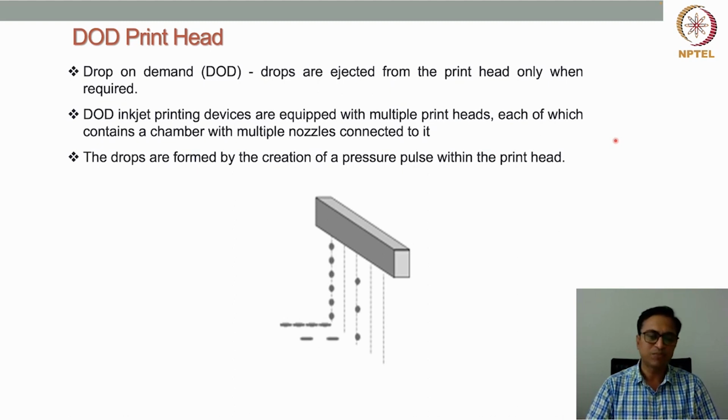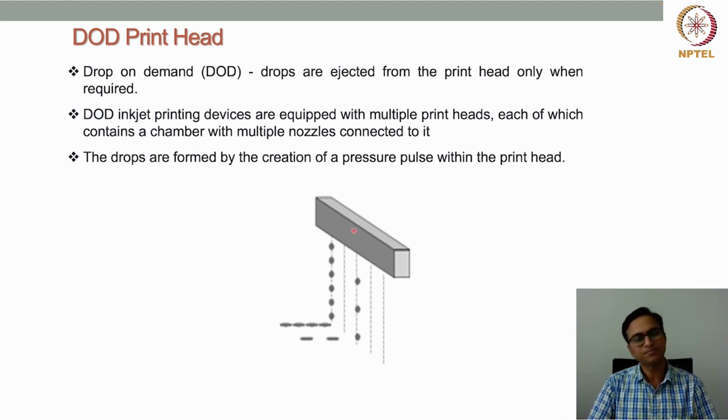Now, the drop on demand system is equipped with multiple printheads. That means inside this printing device, there can be multiple printheads attached, and each printhead can carry multiple nozzles. So there can be thousands of nozzles connected to a single printing device, right? So that's how it is built.